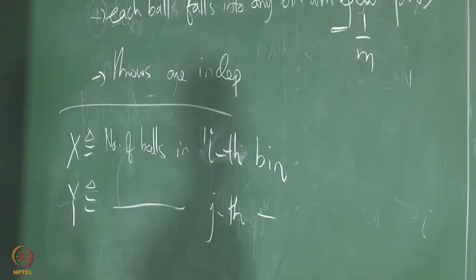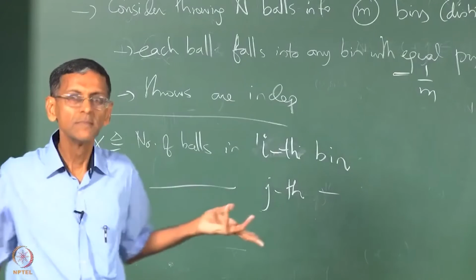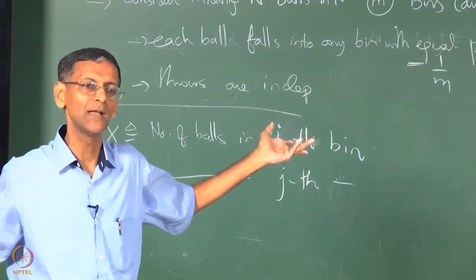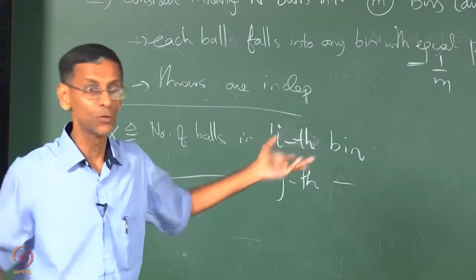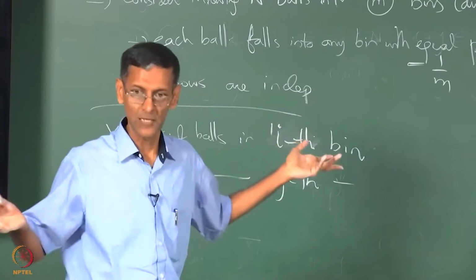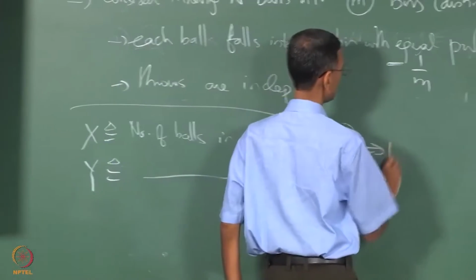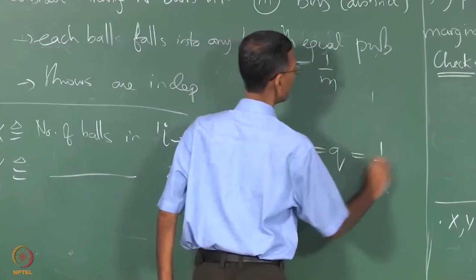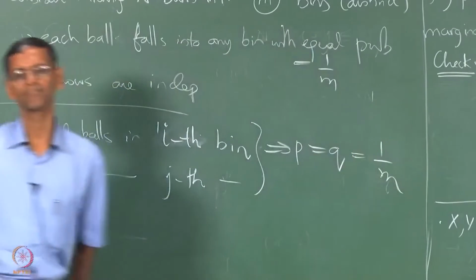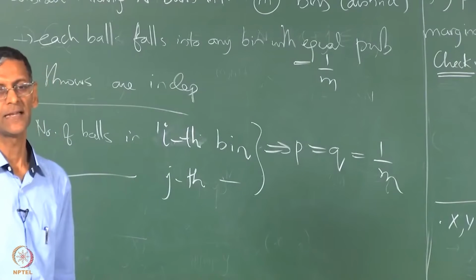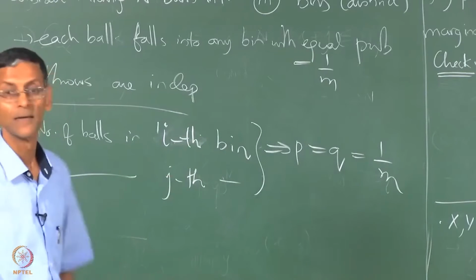J obviously is not the same as I. Do you not get back exactly the same situation that we had earlier, except that you do not have P equal to Q, you have, sorry, you do not have P and Q different. So P and Q are both equal to 1 by m. Otherwise this is identical to that.